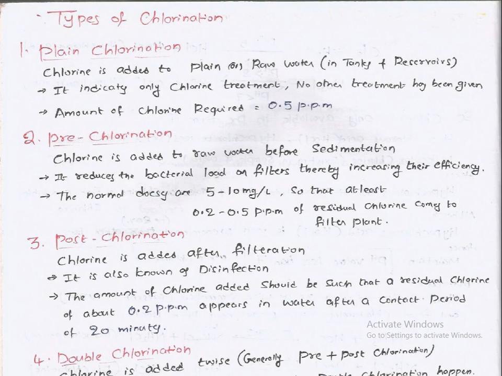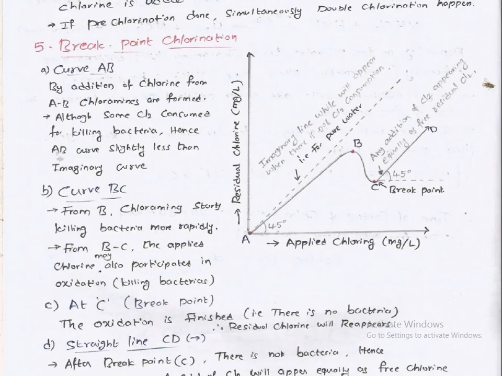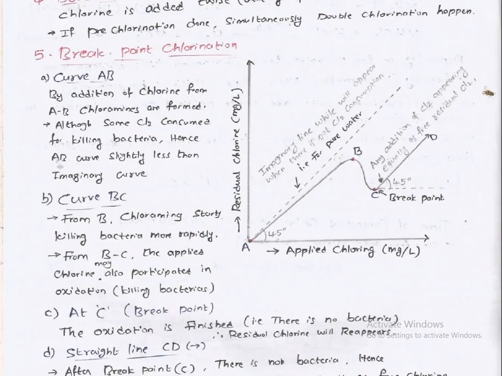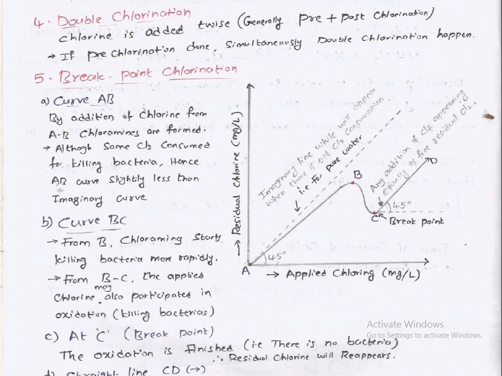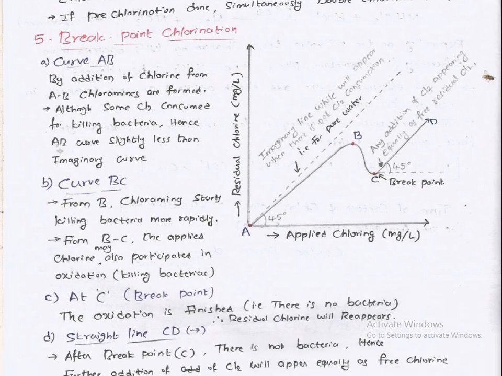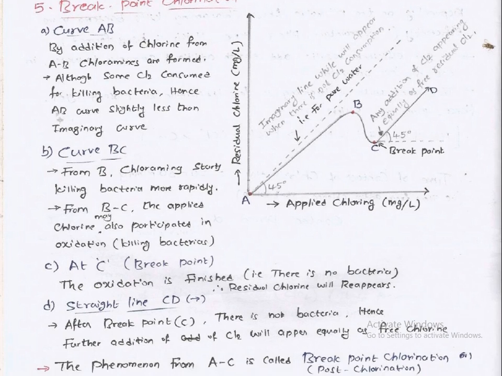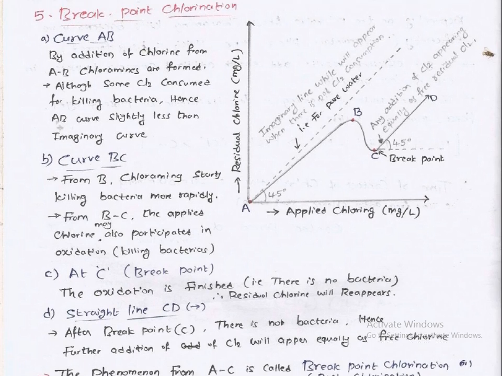Now, breakpoint chlorination. Curve AB: by addition of chlorine from A to B, chloramines are formed, although some of the chlorine is consumed by killing bacteria. Hence, the AB curve is slightly less than the imaginary curve. Now curve BC: from B, chlorine starts killing bacteria more rapidly.